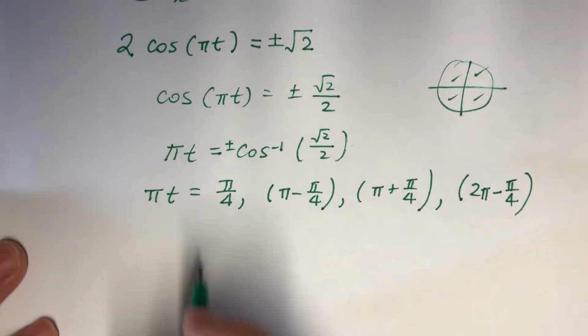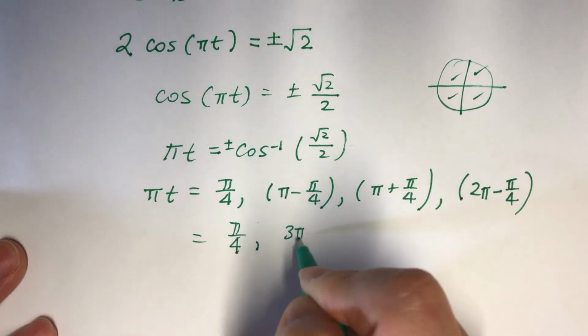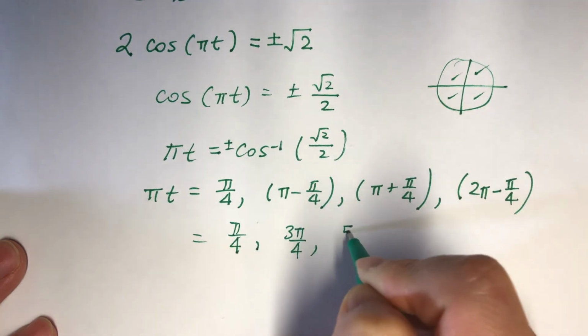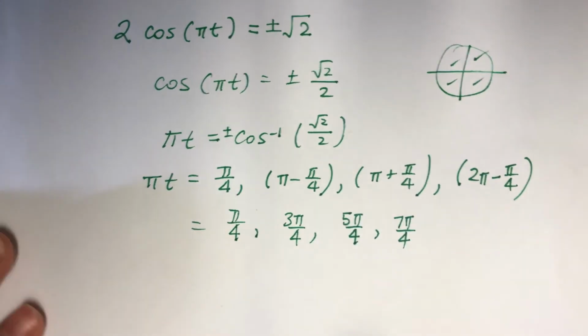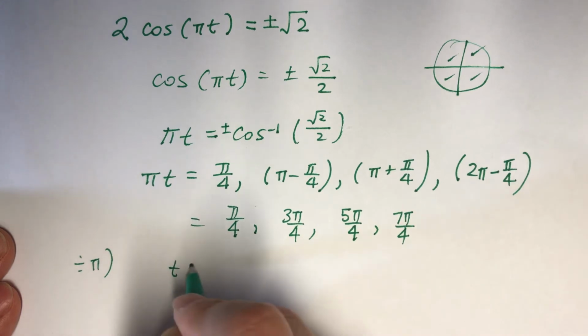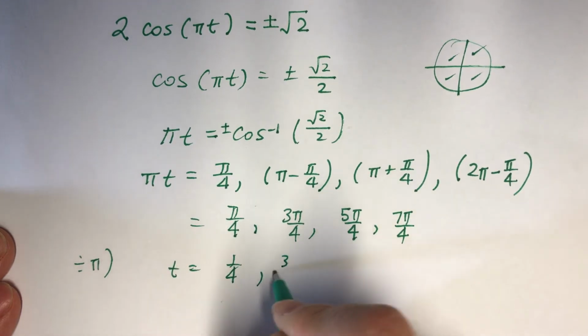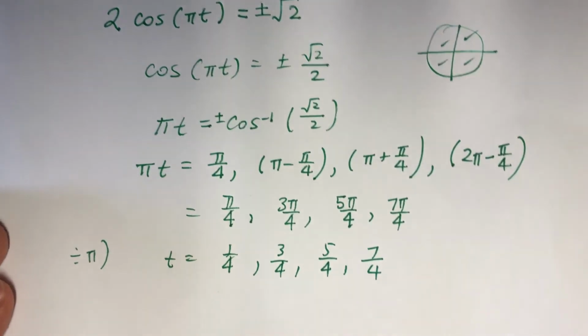okay, so that's not too bad. So it'll be 3 pi over 4, 5 pi over 4, 7 pi over 4. Then I'm going to divide it by pi on both sides: 1 over 4, 3 over 4, 5 over 4, 7 over 4.